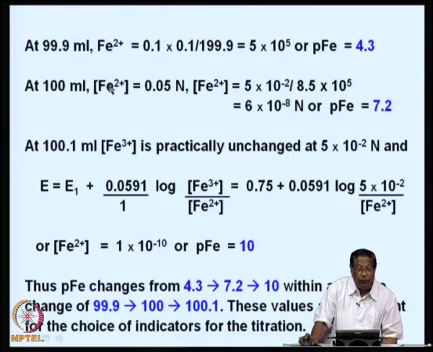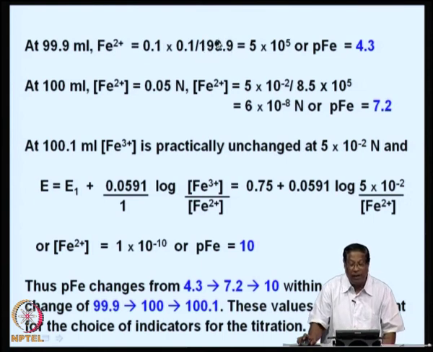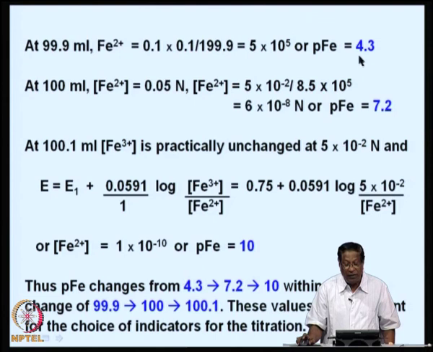So, at 99.9 ml I can calculate the PFe, just like pH I can calculate the PFe. Ferrous concentration would be 0.1 multiplied by 0.1 divided by the total volume of the solution, that is 199.9, that will be 4.3.